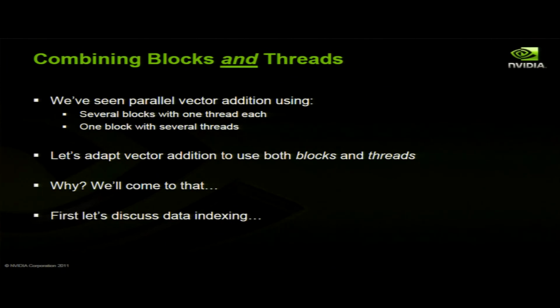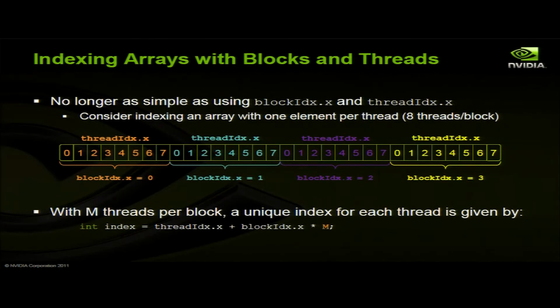So this is an example. Let's launch multiple blocks, each having multiple threads. But how does the indexing work? This is an example where you have a total of how many elements to work on? 32 elements.